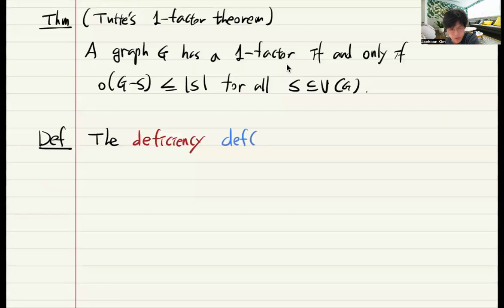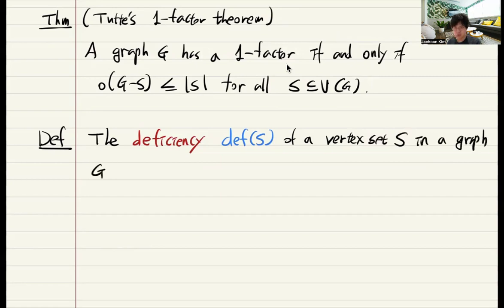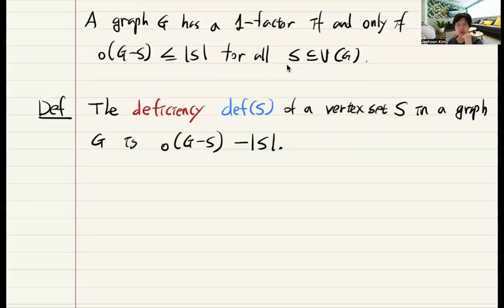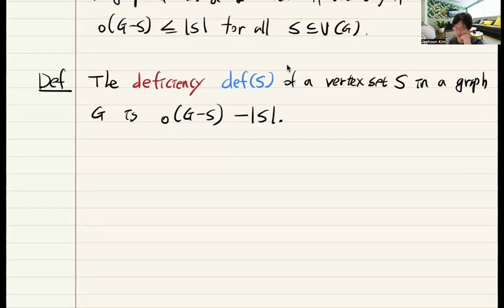We write f of S, for a vertex set S in a graph G: you take out the vertices inside of S, and then in the remaining graph, you count the number of odd components, and then you subtract the size of S. If you maximize this quantity, it gives you exactly how many vertices in the graph have to be unmatched in a maximum matching.